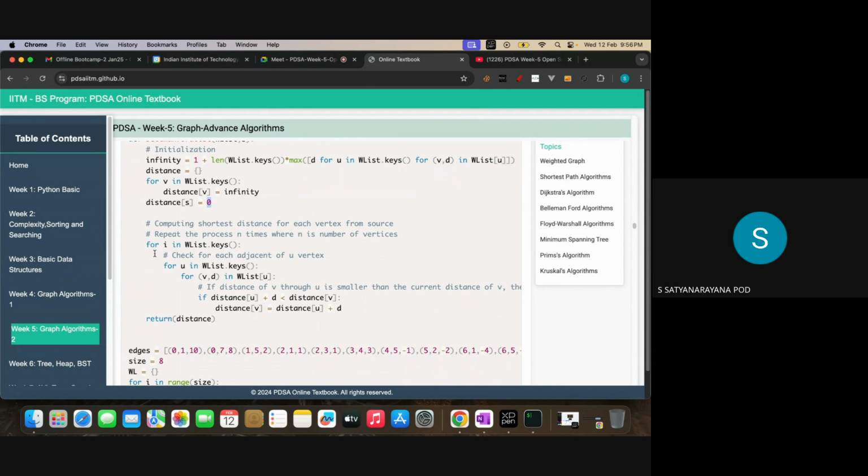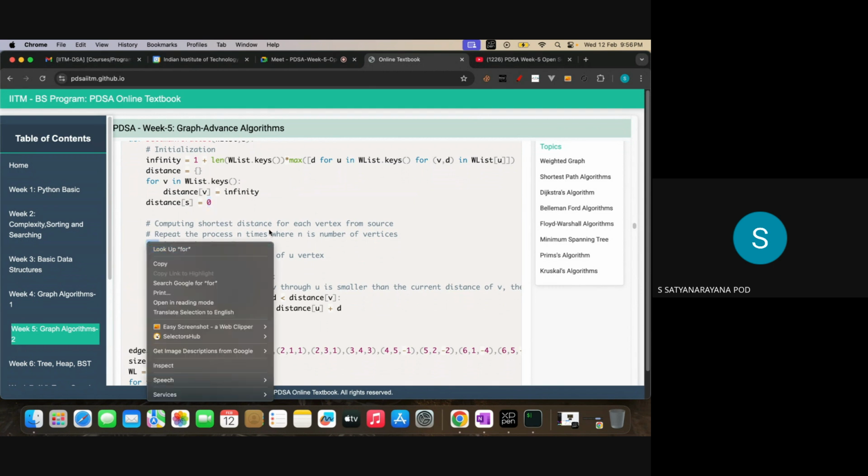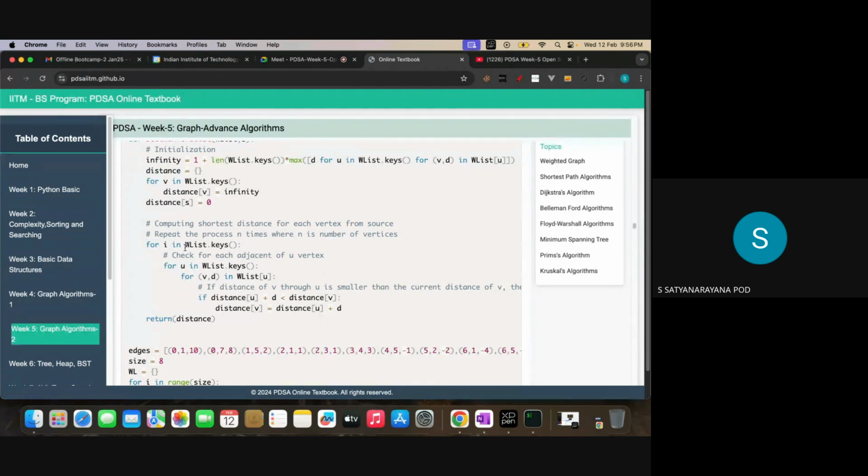Now you see the interesting thing here. There is an outer loop. This is exclusively for the edge relaxation. It runs as many times as the number of vertices, that is n minus 1. That is called edge relaxation. Inside, we take each particular vertex and the distance from u to v. If the already existing distance plus the added distance is smaller than the distance available at the destination, it is updated, the same formula I said earlier.